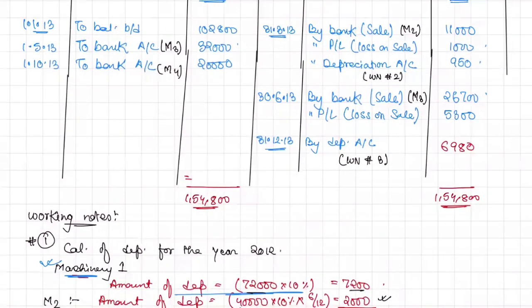Minus 11,000, minus 1,000, minus 950, minus 26,700, minus 5,300, minus 6,980. So here the balance will be 102,870 on the same date.